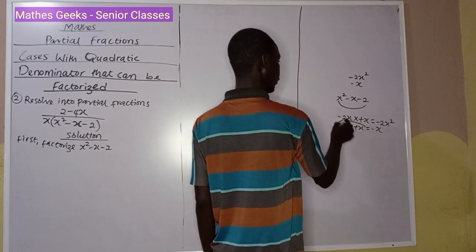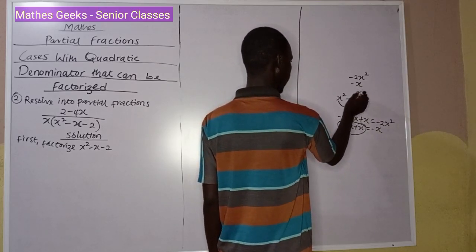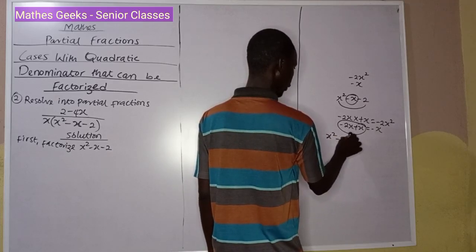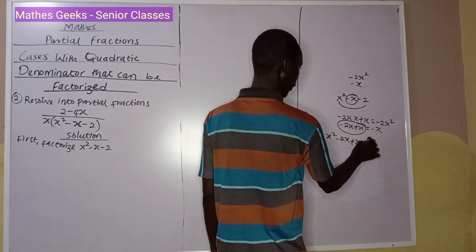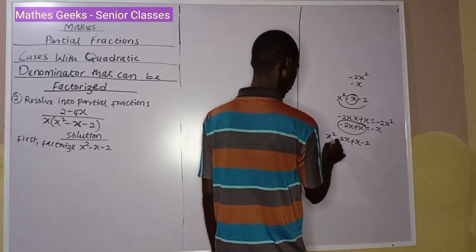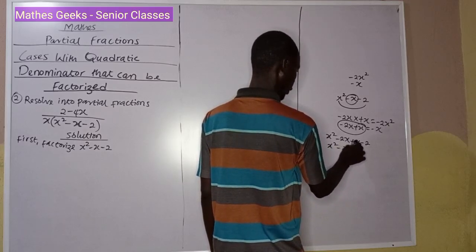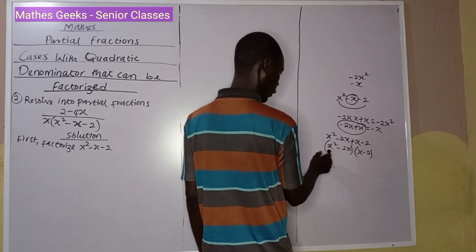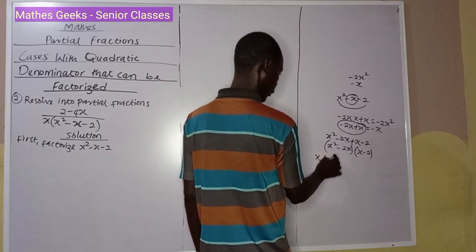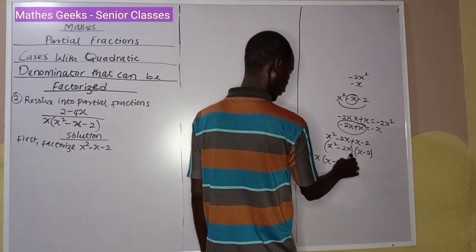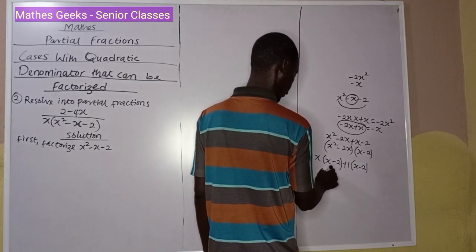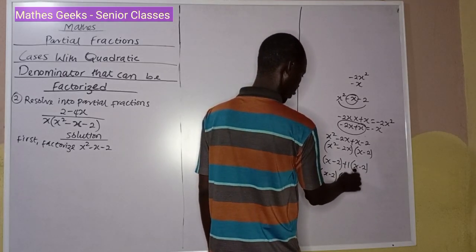So this 2 can take the place of minus x. So we have x squared minus 2x plus x minus 2. So x squared minus 2x and x minus 2. X is common, so x minus 2, and then plus 1, x minus 2, x minus 2, x plus 1.